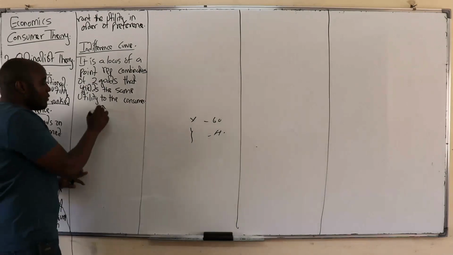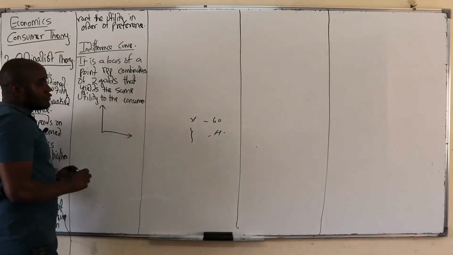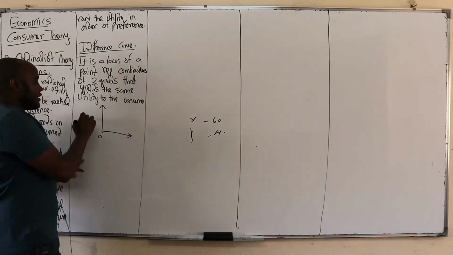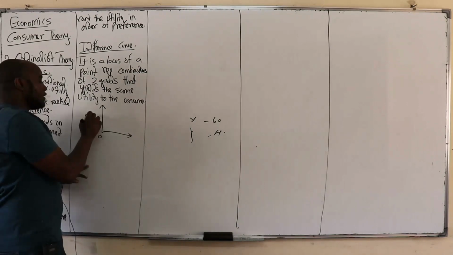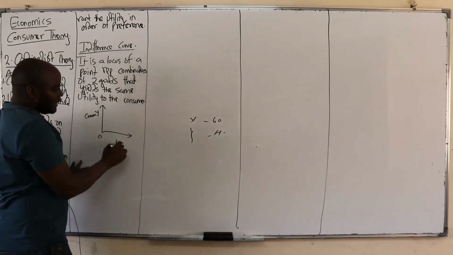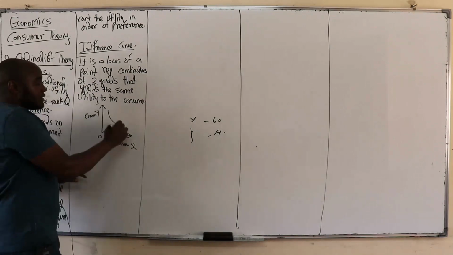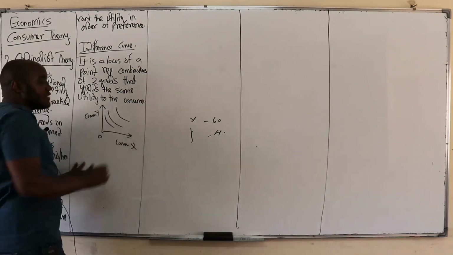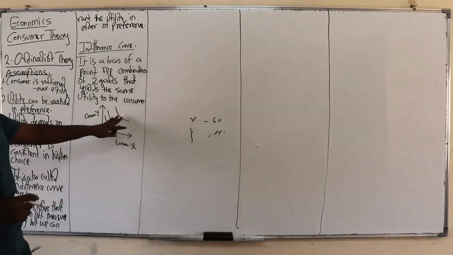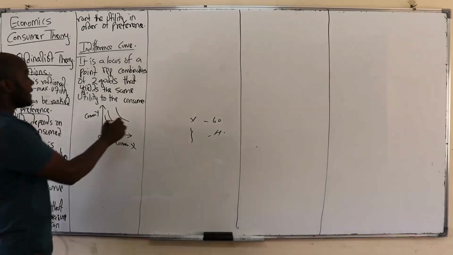In short, what you're talking about here is like this. When we are talking about commodity X and commodity Y, you see, they are more or less the same as this one. These are the indifference curves.